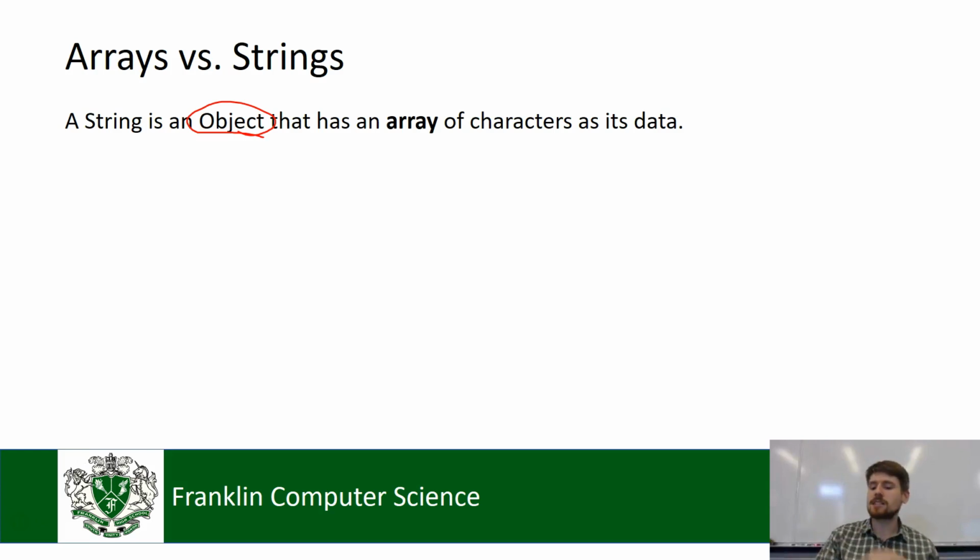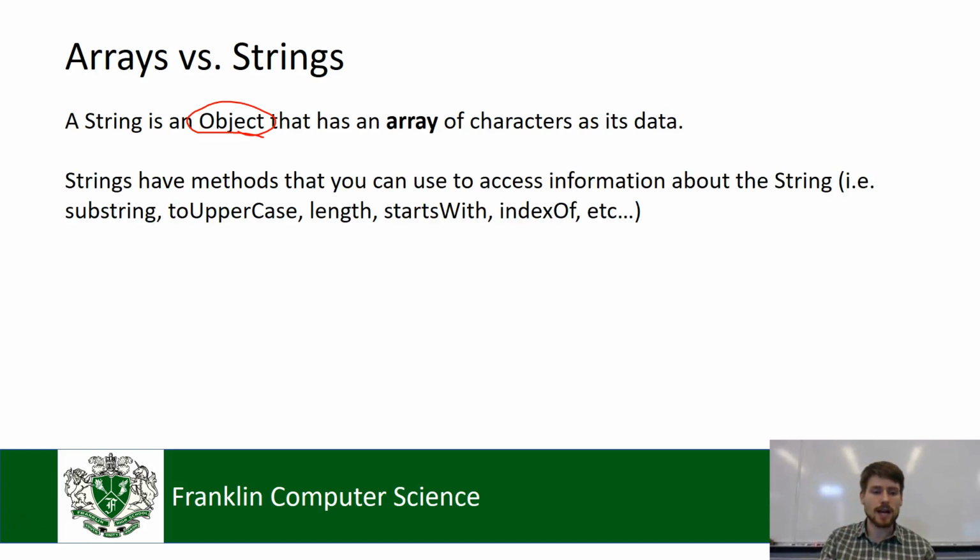What makes an object different from an array is that it has methods that you can call on a string. So you can access the string's length. Well, you can do that actually with arrays too, but you can access the string's length, you can access the substrings of it, you can access an uppercased version of it. You can do these methods with strings that you can't do with arrays.